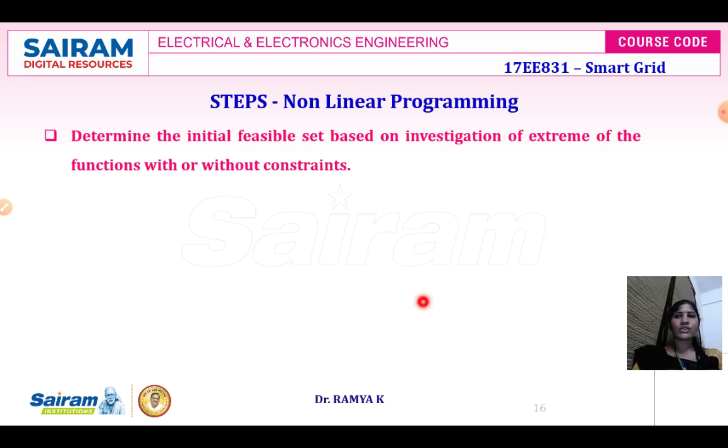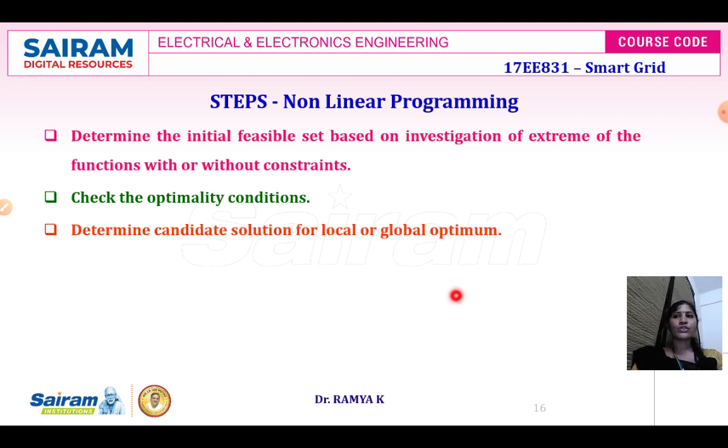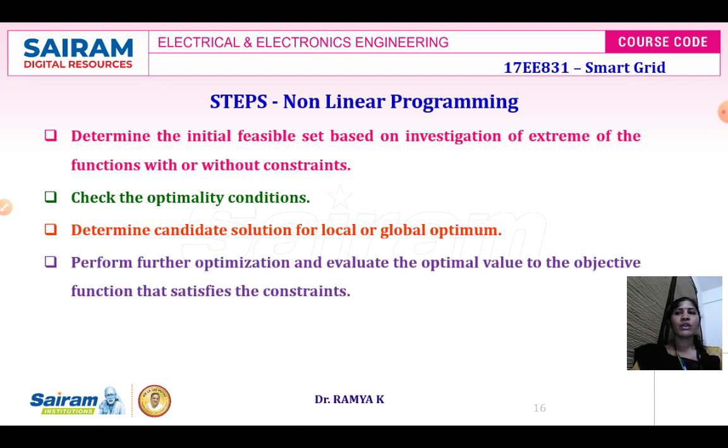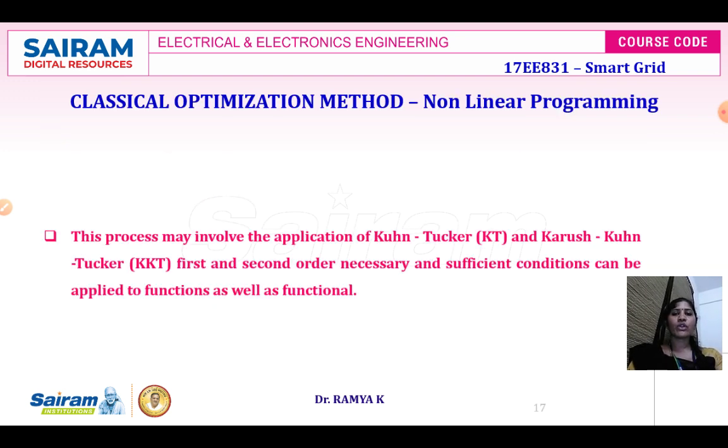Next, we need to check the optimality condition. Then you have to determine the candidate solution for the local or global optimum. Then we need to perform further optimization until the required optimal value for the objective function is attained for the specific constraints. This is nonlinear programming.